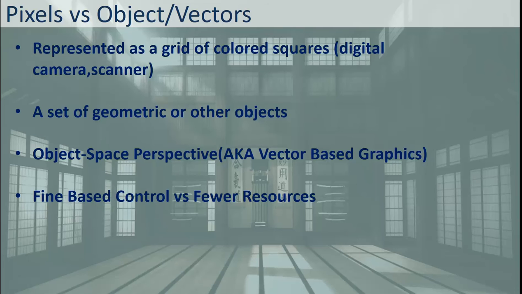Objects, or the object space perspective, more commonly called vector-based graphics, are a way of viewing our images as a collection of entities. We should know entities from our discussions of object-oriented programming in other classes, but a collection of entities that we can then manipulate individually.